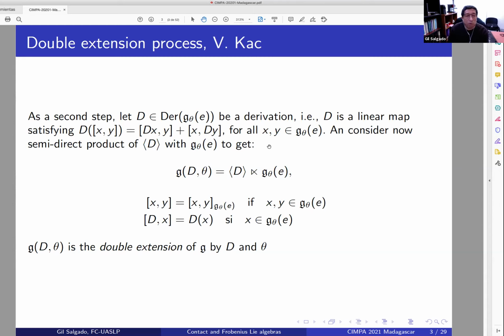Now the Lie bracket is defined by these two rules, because we have two vector spaces here. In particular, if we take the derivation and any element of the central extension, we only need to evaluate the derivation on the element. This new Lie algebra will be denoted as G of D and theta, and will be called the double extension of G by D and theta.